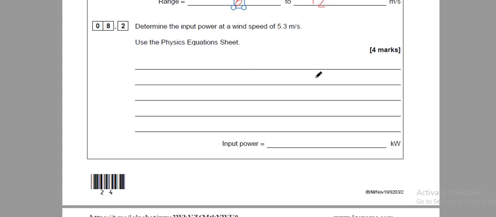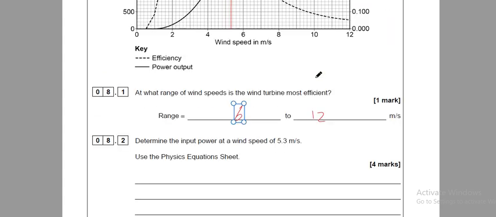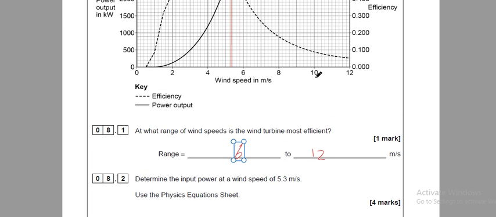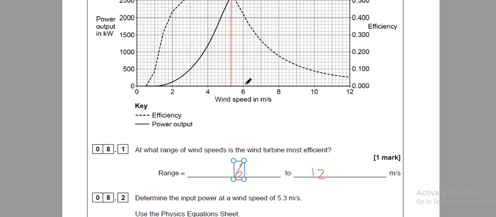Determine the input power at a wind speed of 5.3 meters per second. So we will find where 5.3 meters per second wind speed is. As we see here, 10 small squares are represented by 2. So 2 over 10 will give 0.2.